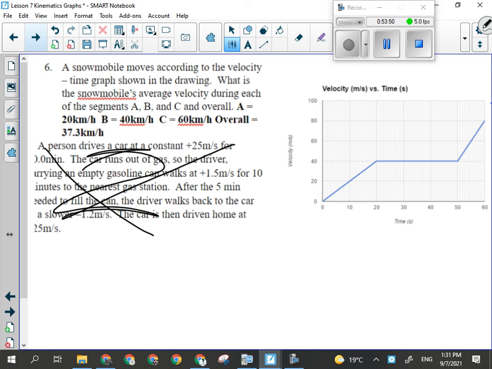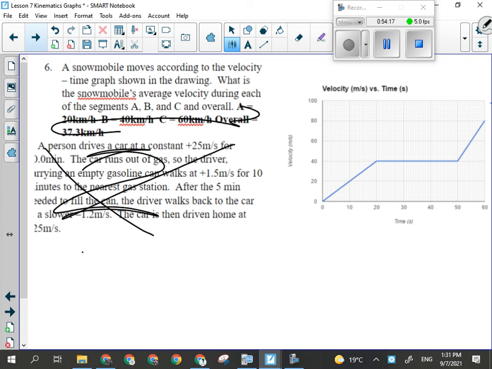Actually, you know what? I don't want you to calculate average velocity. On this one, I want you to calculate total displacement over the whole trip and average acceleration over the whole trip. So average acceleration and total displacement.